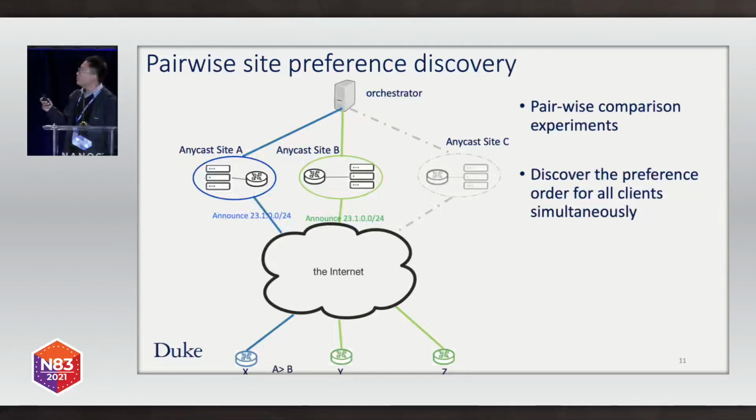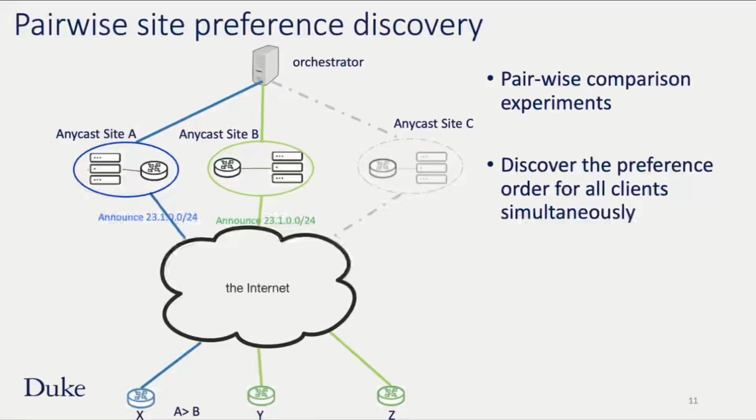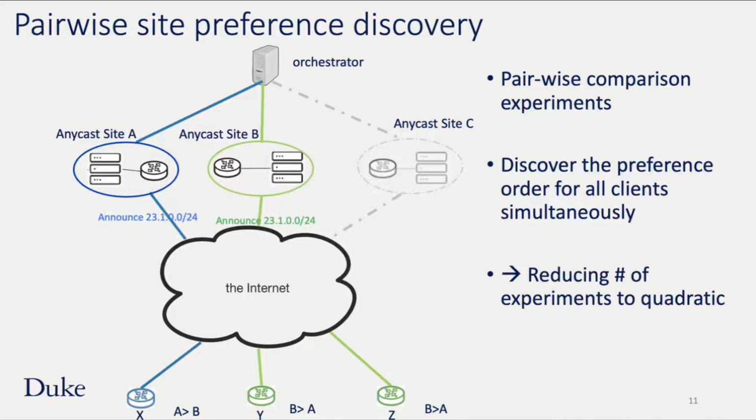Based on that, we know for client X, the pairwise comparison result is that client X prefers Anycast site A more than B. But the other 2 have another kind of preference order, that is, they prefer Anycast site B over A. This allows us to reduce the number of experiments to just quadratic in the number of Anycast sites rather than exponential.